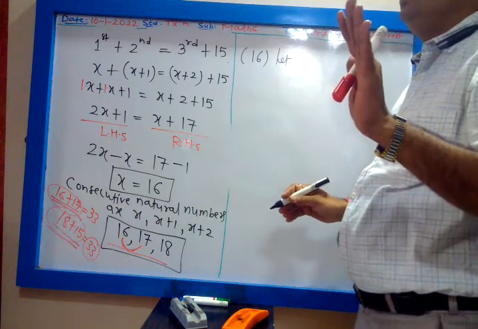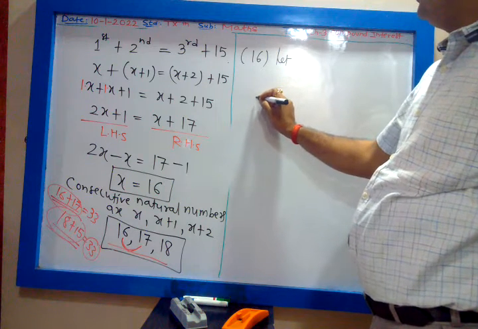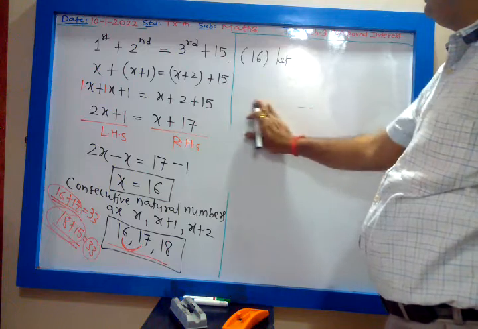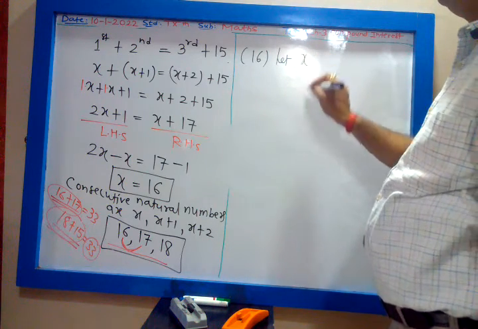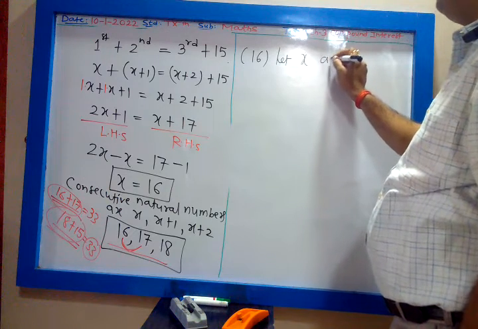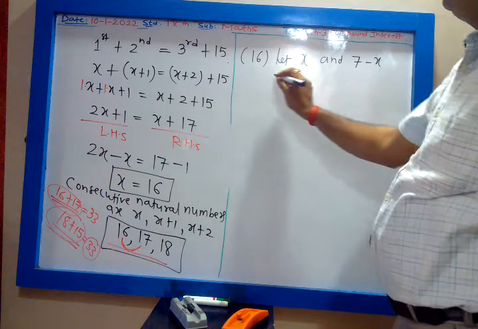See here, so what can I take? Suppose the difference between two numbers is 7. So I can take one number as x. So let x and 7 minus x be the two numbers.